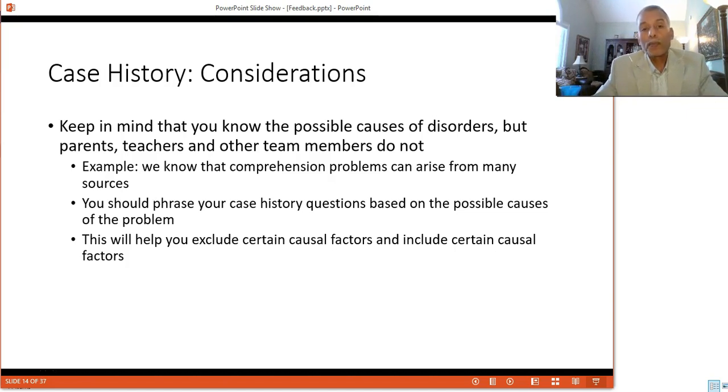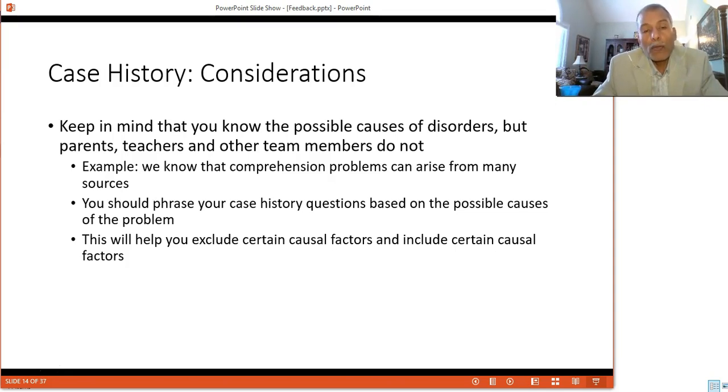For example, we as SLPs know that comprehension problems can be caused by many factors. So we need to phrase the case history question based on the possible causes of these problems.